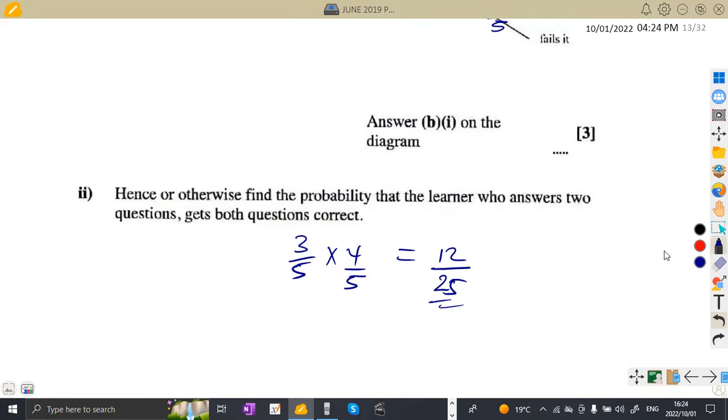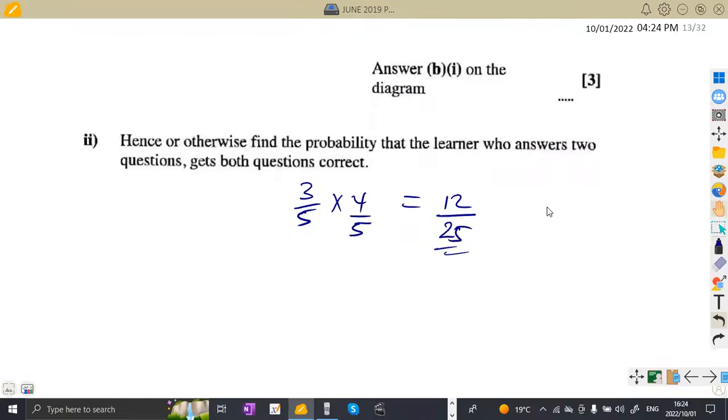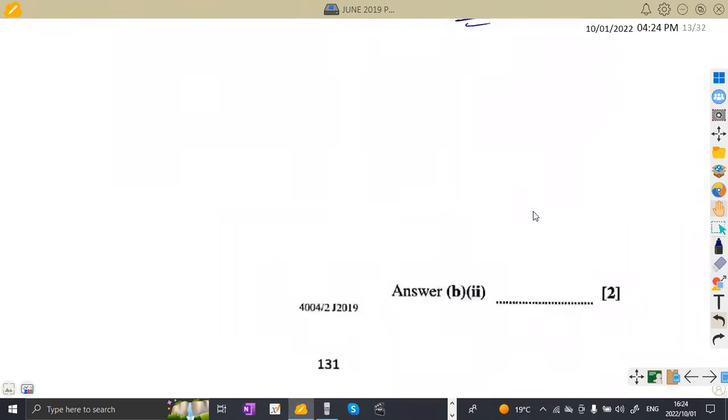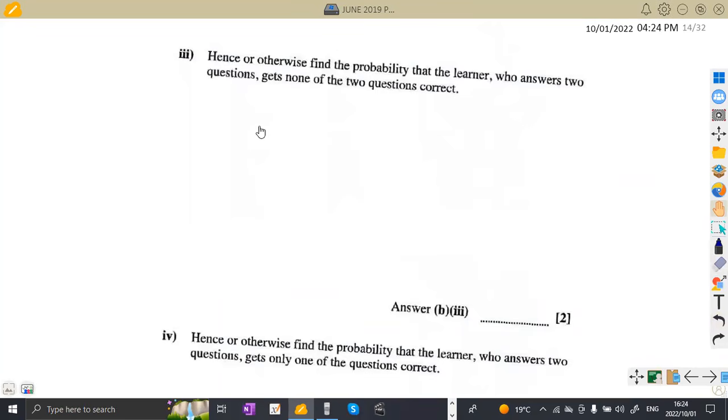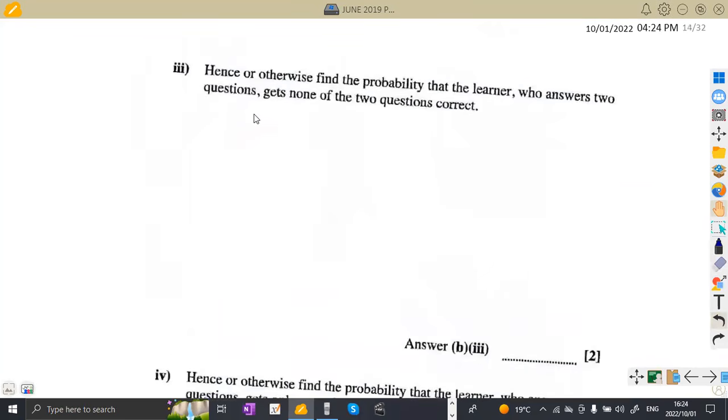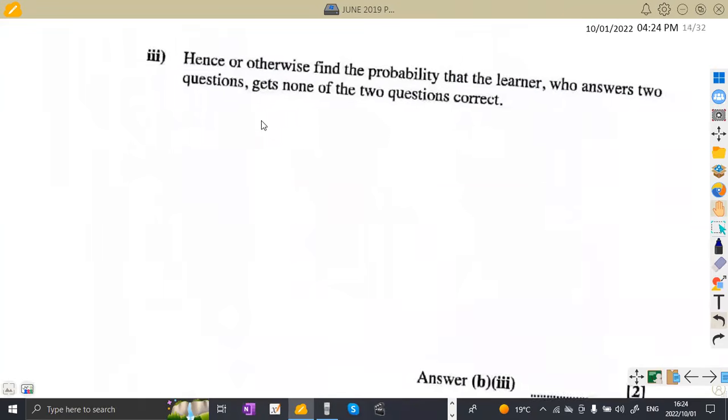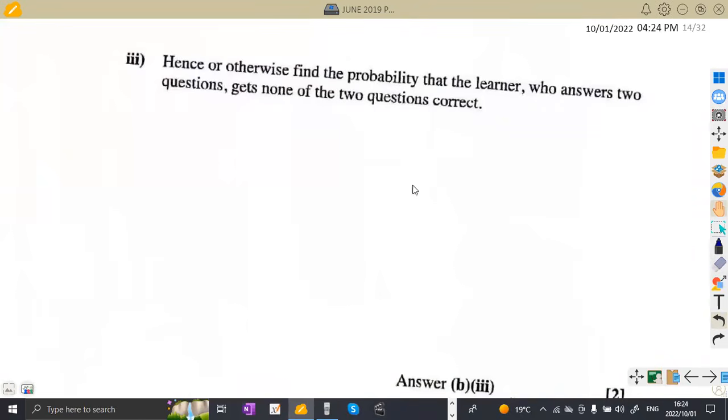Okay, let's see the other part now, which is item 3. Okay, it's actually on the other page. Again, find the probability that the learner who answers 2 questions gets none of the 2 questions correct. None is correct. Okay, so this is what is going to happen.